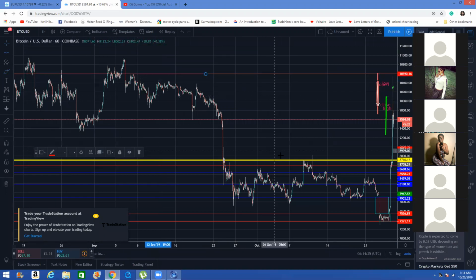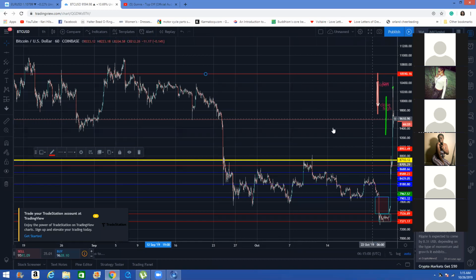Since it's going up so crazy, this big crazy buy that it had, you could say it slowed down right here, because this was our first area of resistance.